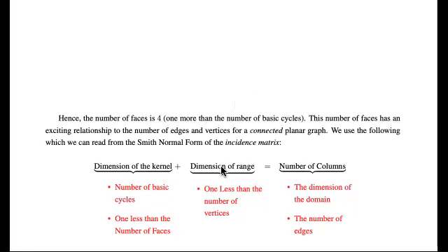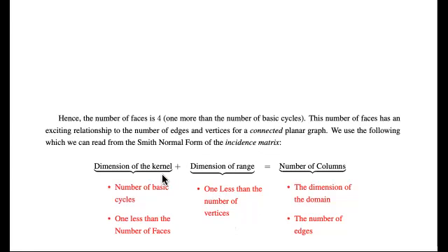And in doing so, it's kind of like creating a tree or creating a forest. And if it's connected, it's going to be a tree. And so the dimension that you get is actually equal to the number of edges there, which is 1 less than the number of vertices. So you can adequately say that the dimension of the range here is actually 1 less than the number of vertices for the incidence matrix.